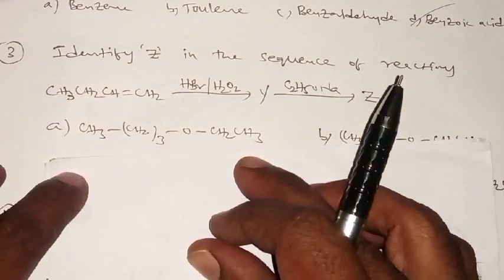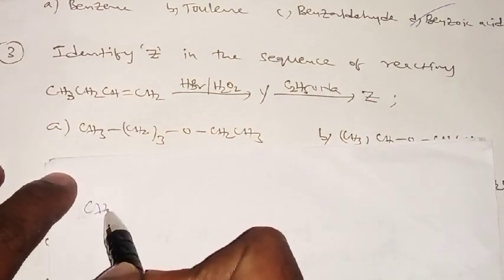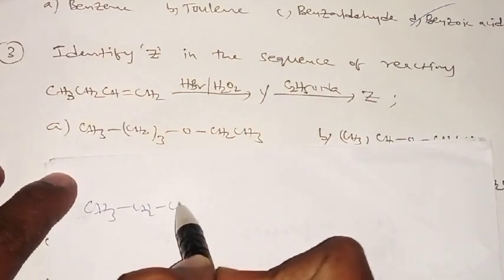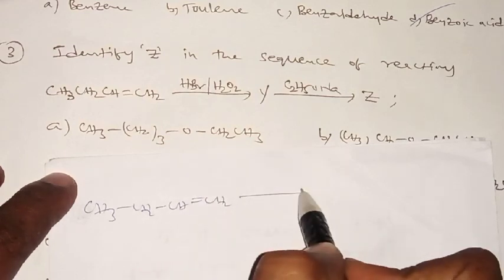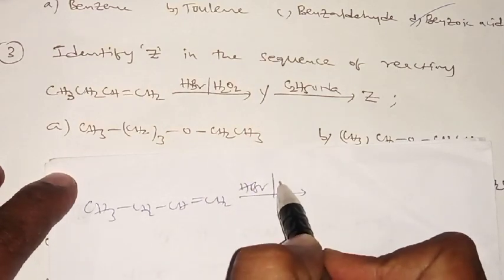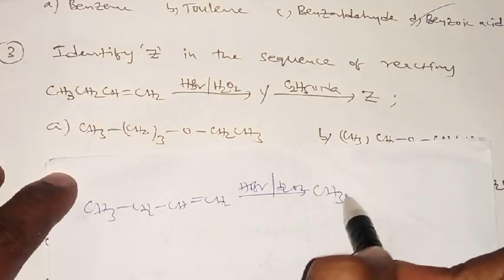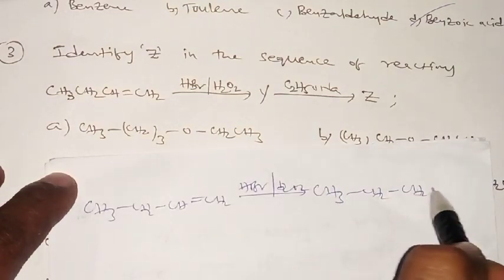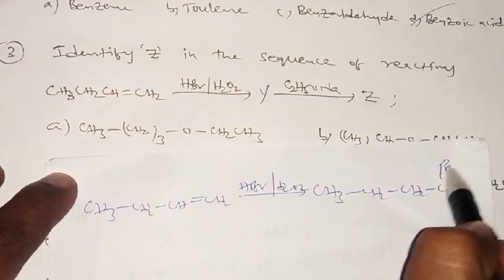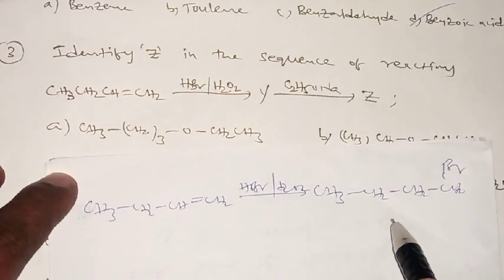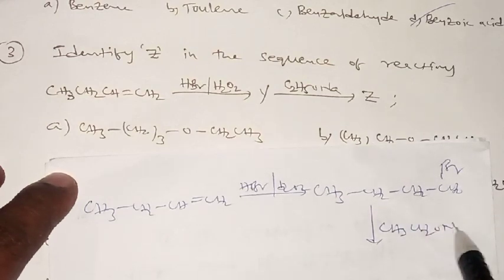In the first step, what happened? CH3CH2CH=CH2 in the presence of HBr and H2O2. As per the anti-Markovnikov rule, you will get this product, CH3CH2CH2CH2Br. Is it clear? After that, it reacts with CH3CH2ONa.